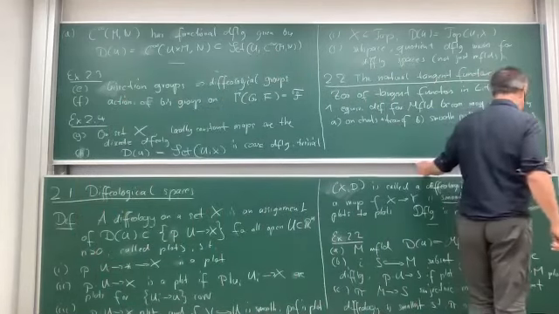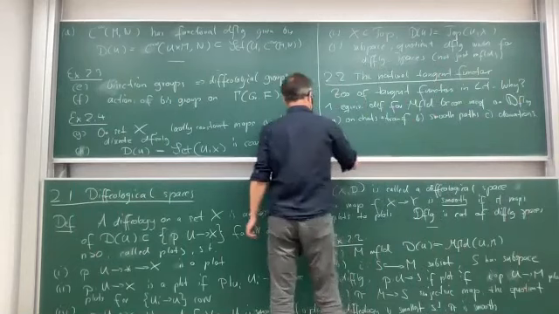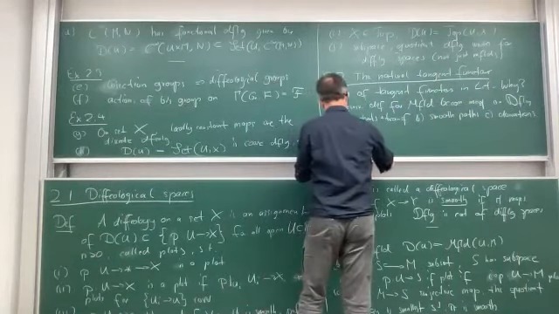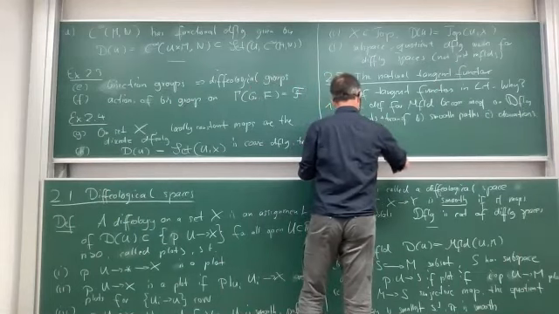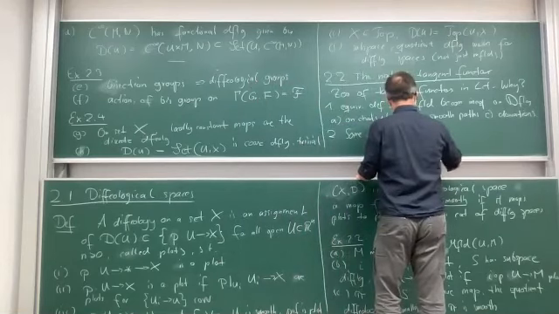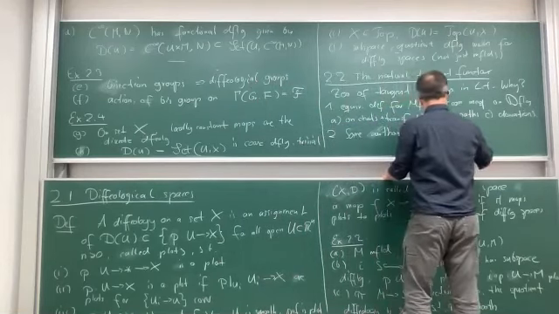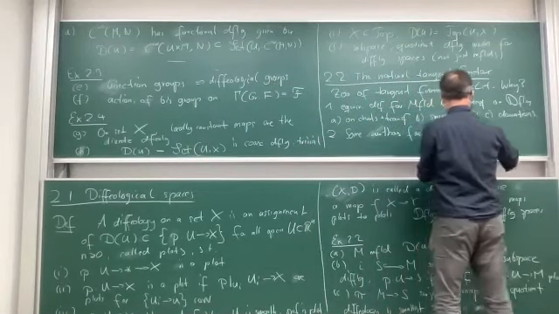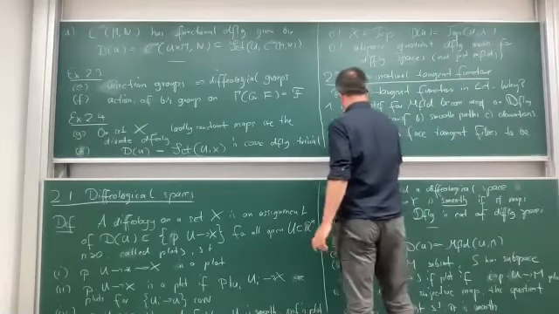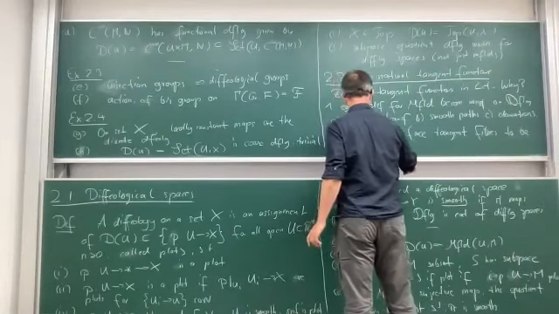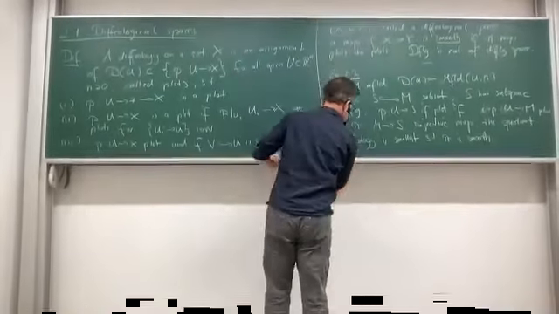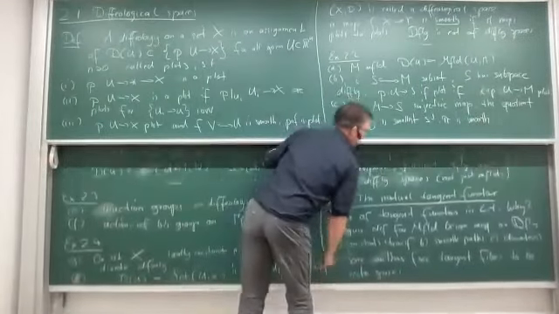And the second reason, I think, is a less justified one. The second reason is that some authors force the tangent fibers to be vector spaces. Why don't I like this?